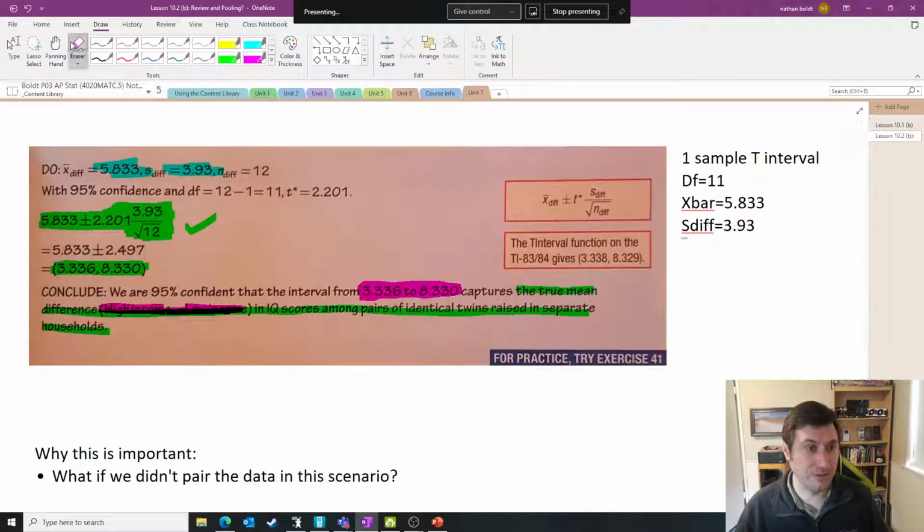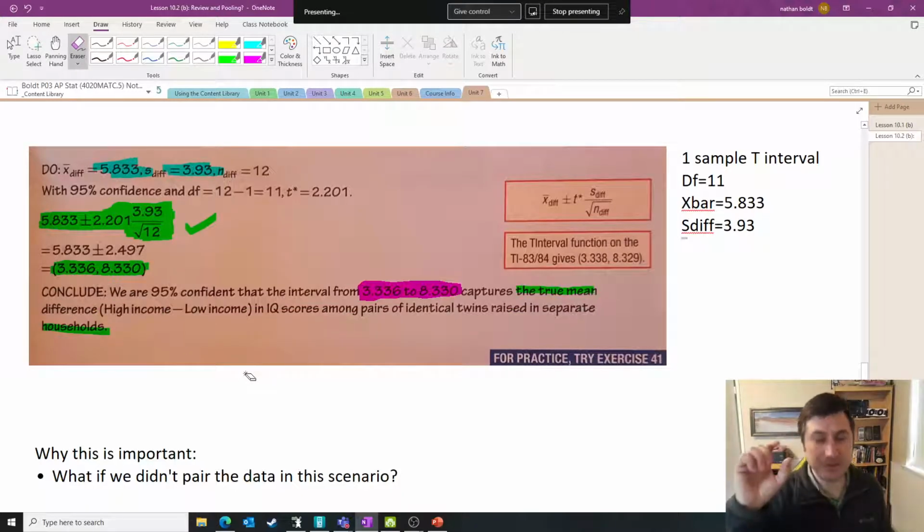Wow, that did not work very well for highlighting. But the confidence interval is much narrower. It gives us much better information. There's much less variability when we can pair them together. So that's one of the benefits of this, actually.